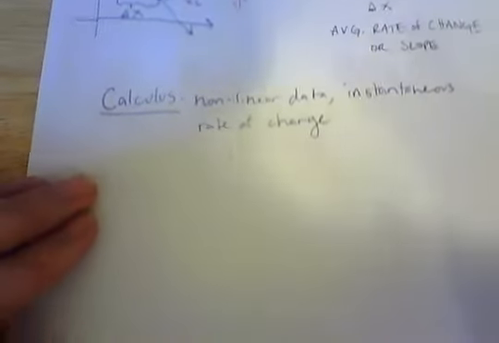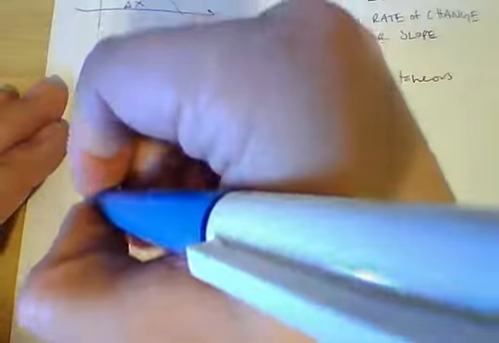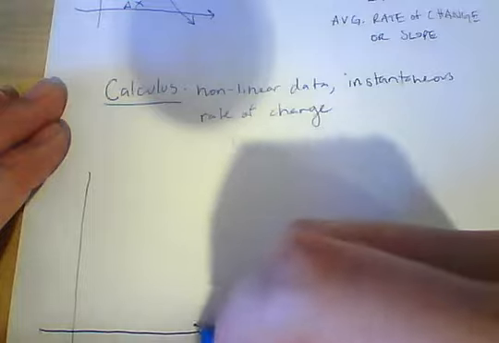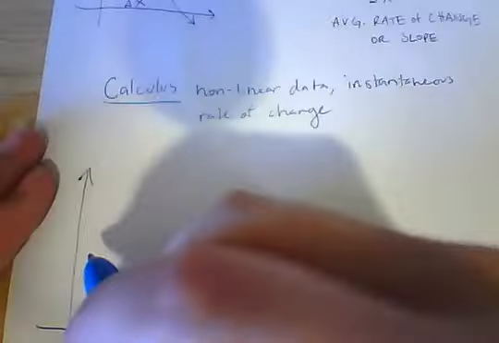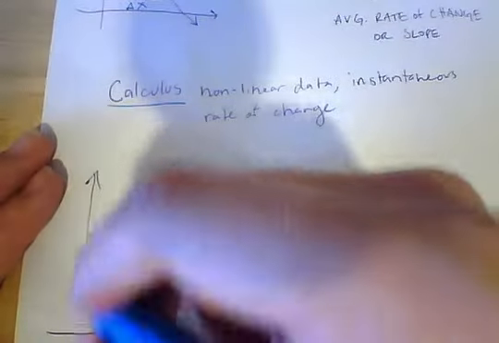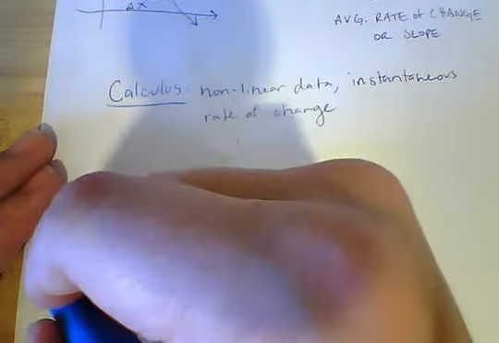And we're going to draw a quick graph of what that looks like. So if we had a coordinate plane, say, and we had a piece of non-linear data, that would just be curved data. So it might look something like this.